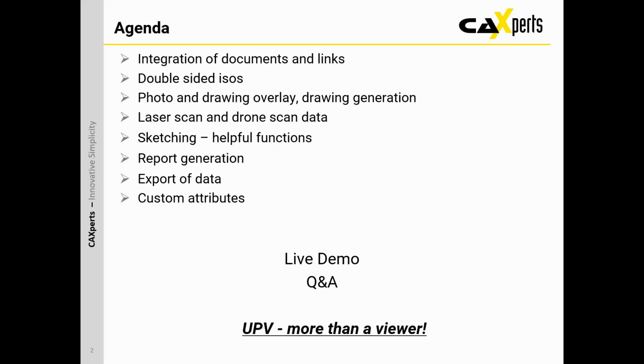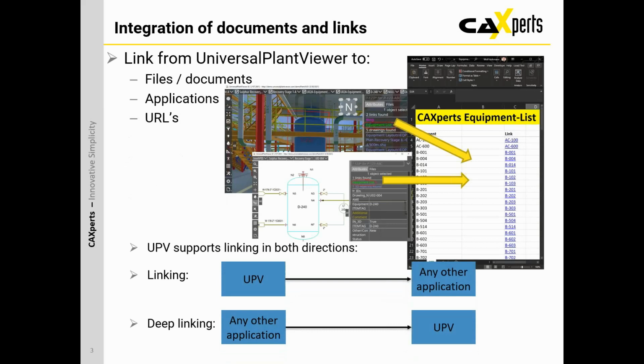Therefore, this webinar is designed to give you a short and comprehensive overview of the features that can help in many specific situations in your daily work. These are all functions that are not available in that way in any other viewer. Therefore, we see UPV more as a data integration platform rather than a pure viewing software.